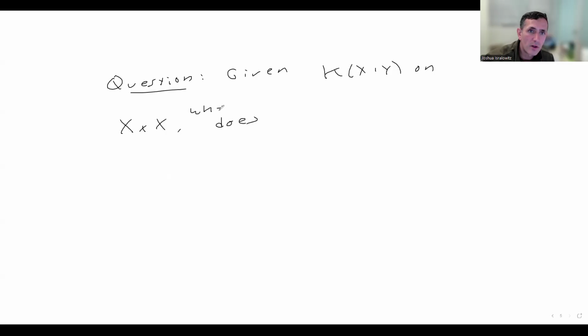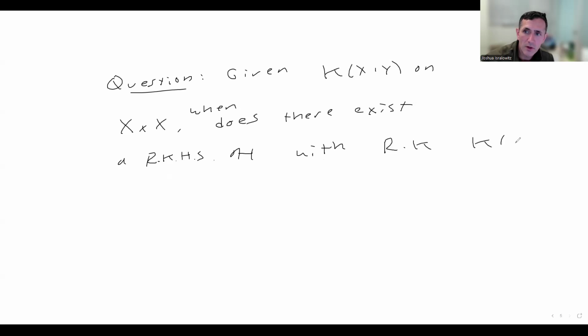So given K, basically a function of two variables, that's either real or complex valued on X times X, when does there exist a reproducing kernel Hilbert space H with reproducing kernel K on X?